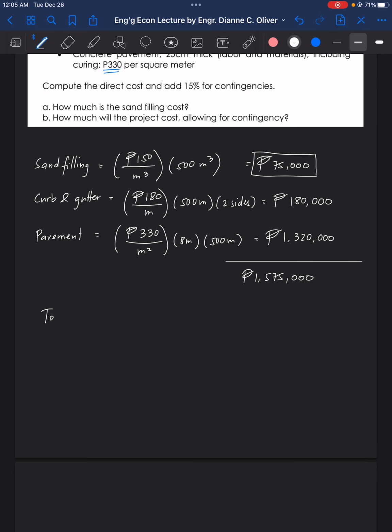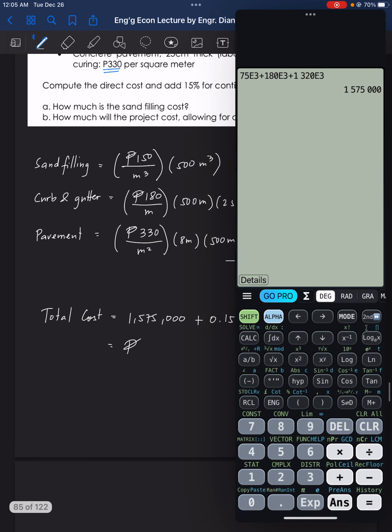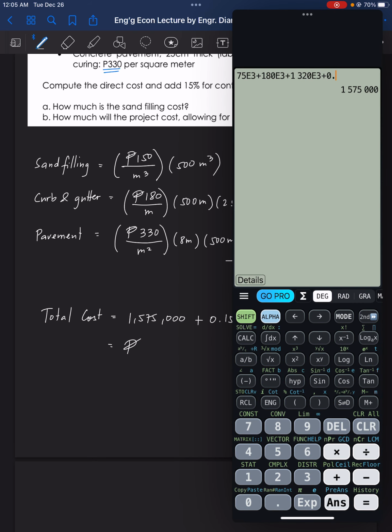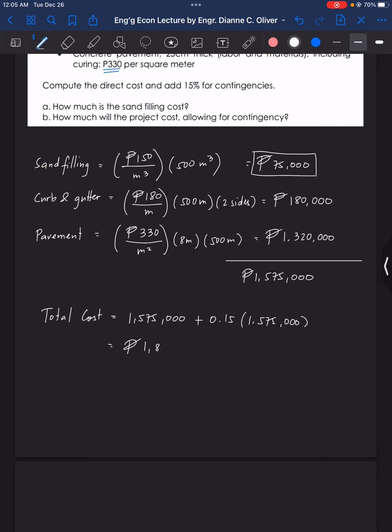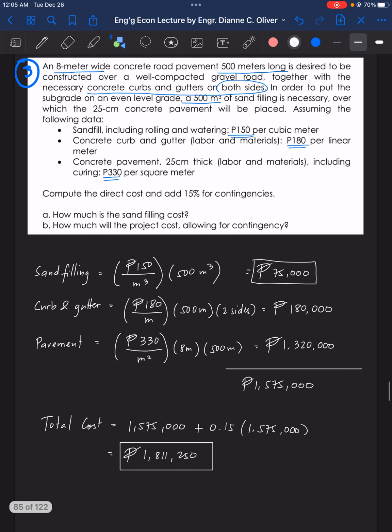For the total cost now, total project cost is equal to 1,575,000 plus 0.15 of 1,575,000. So total project cost is now equal to 1,811,250 pesos. So that's for number 3.